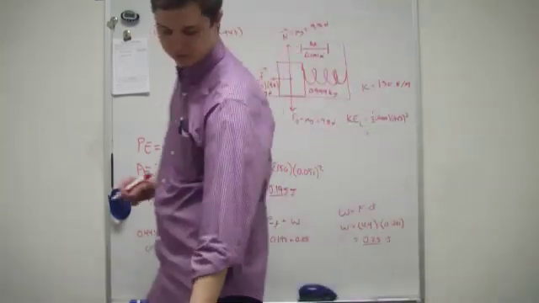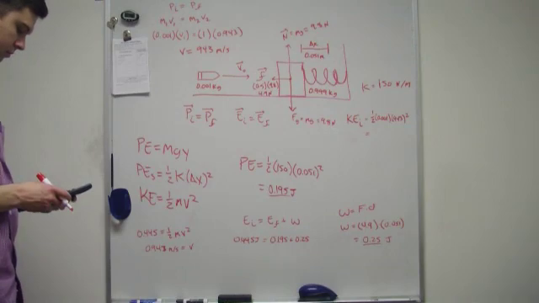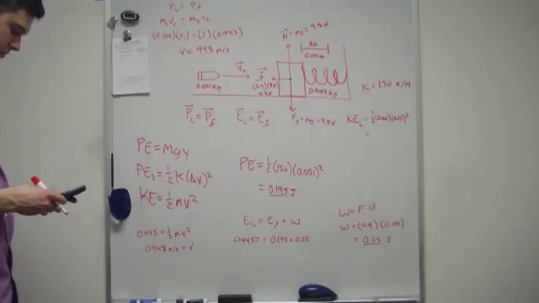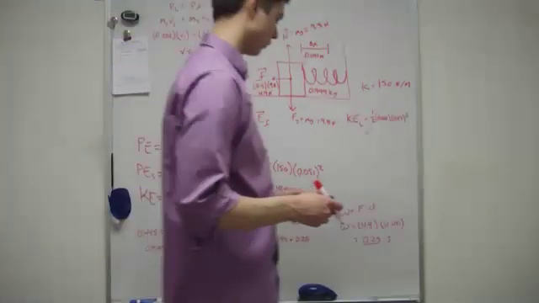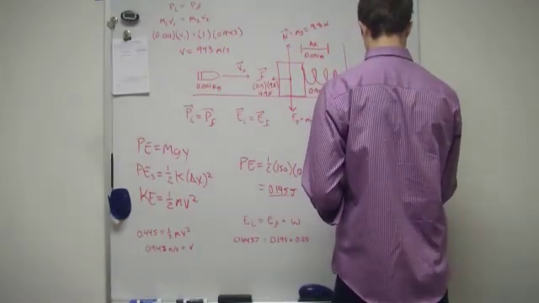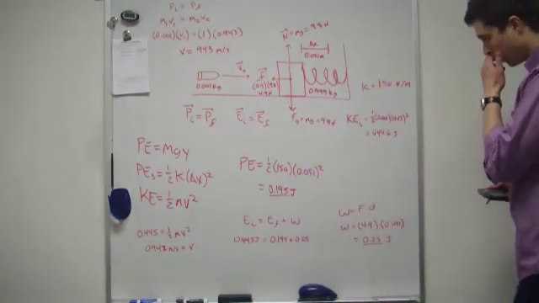So that gives us 444.6, is that what you got? So 444.6 joules of kinetic energy initially.